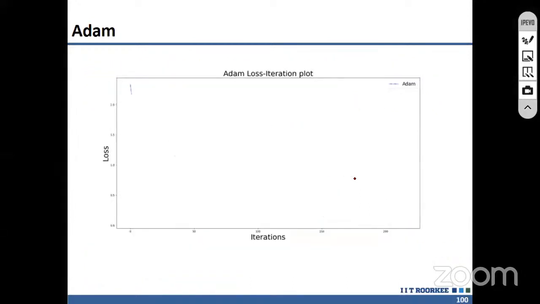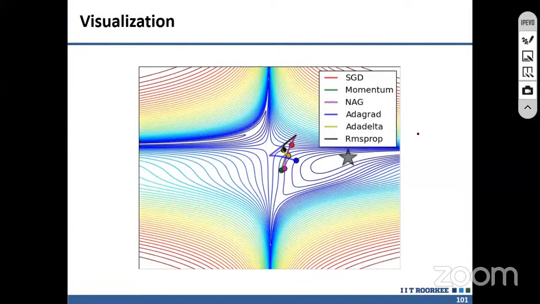Adam is actually faster. So usually in our CNN or deep learning algorithms, we use the Adam optimizer because of this faster process. There are also some other algorithms like AdaDelta, AdaGrad, and others.